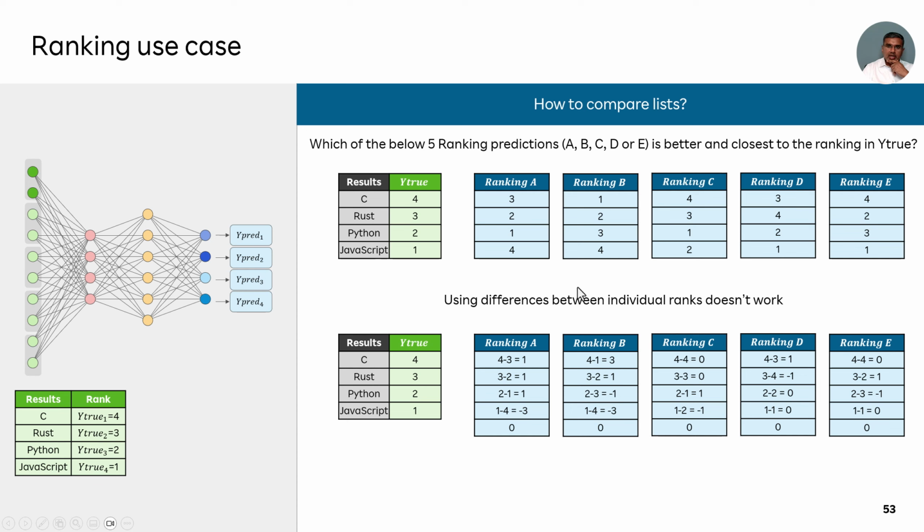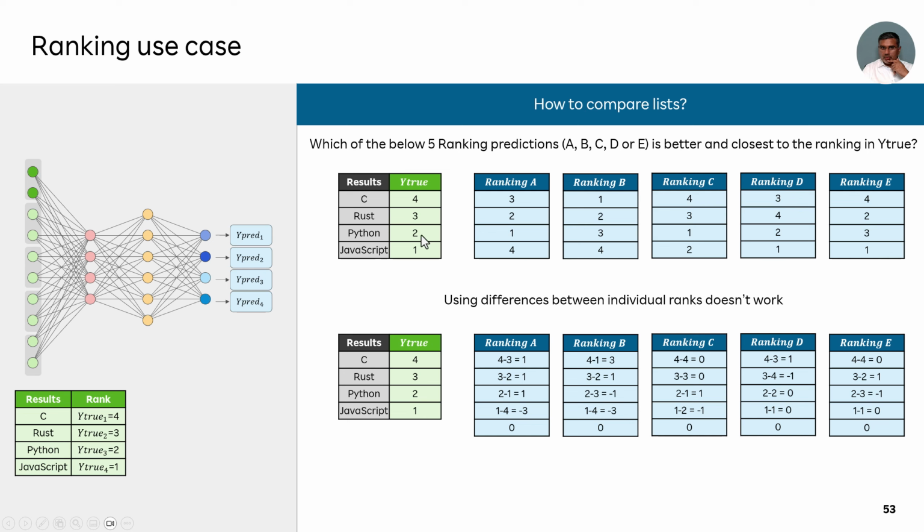Just taking relative differences between individual ranks does not work, because if you look at the ground truth value and subtract from it the value in the predicted value, let's use an example to see this. Let's say my prediction here is 3, ground truth value is 4. So I do 4 minus 3 is 1. Prediction is 2, ground truth is 3. 3 minus 2 is 1.